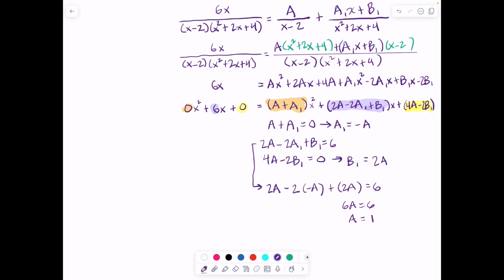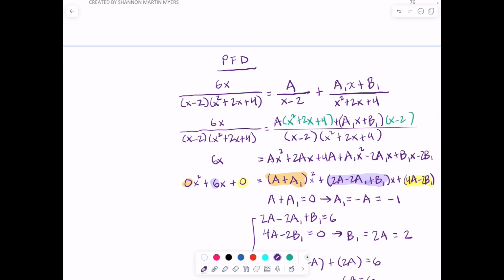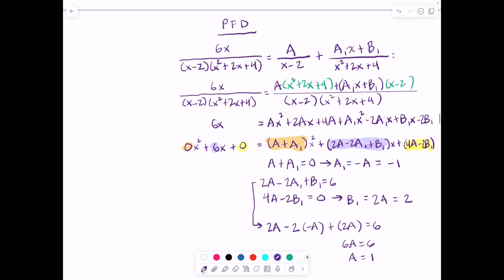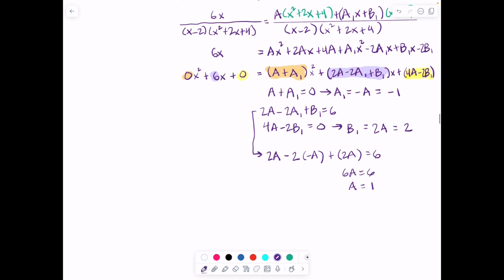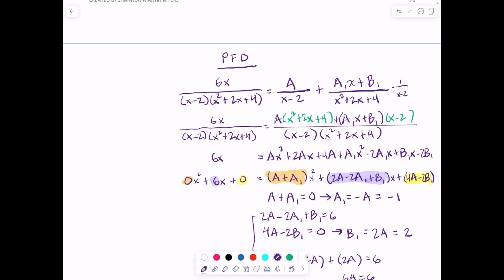Well, if A is 1, a1 will be negative 1, and b1 has to be 2 times 1, which is 2. And so we will end up here with A, which was 1, and then a1 we said was negative 1, so plus negative x plus 2 all over x squared plus 2x plus 4.